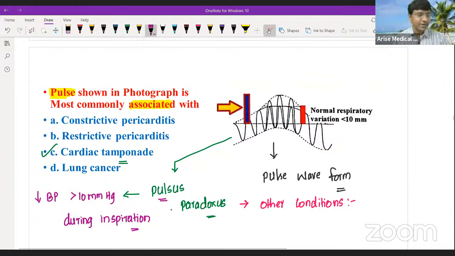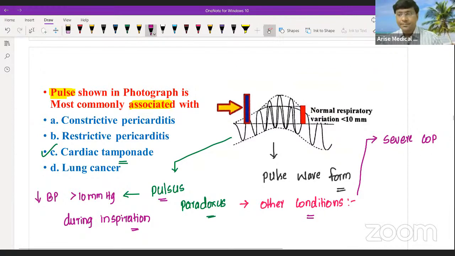The other conditions where you will have Pulsus paradoxus are patients with severe COPD, status asthmaticus, morbid obesity, and cardiac tamponade.